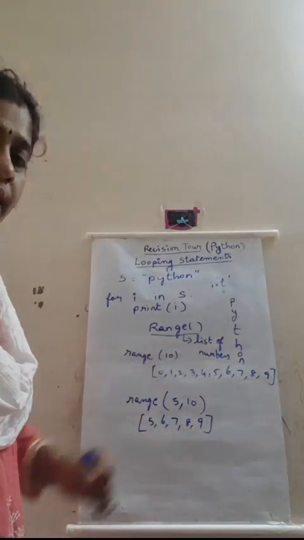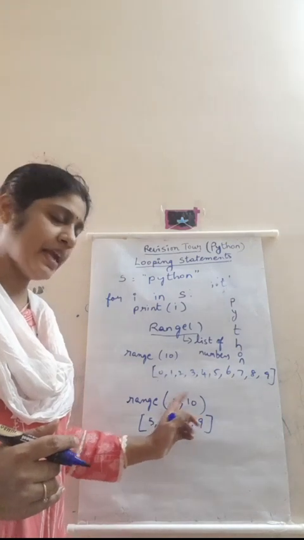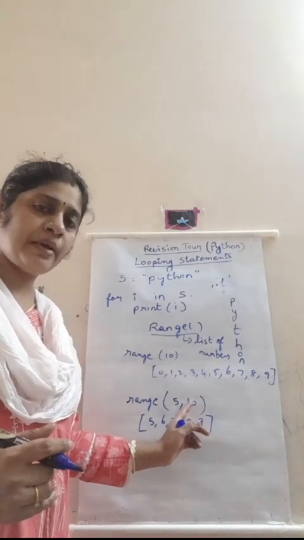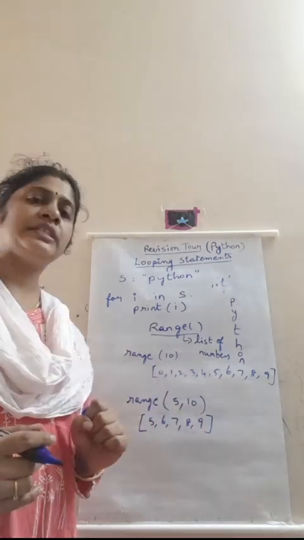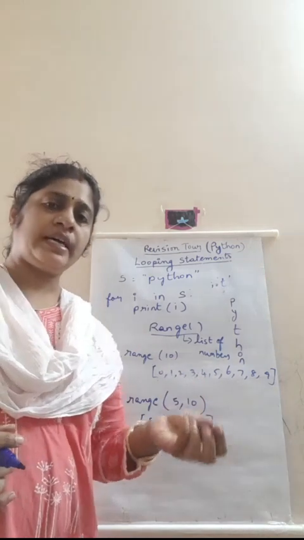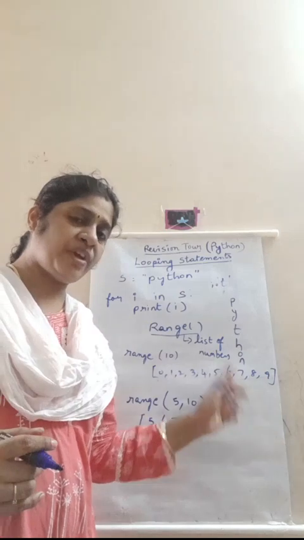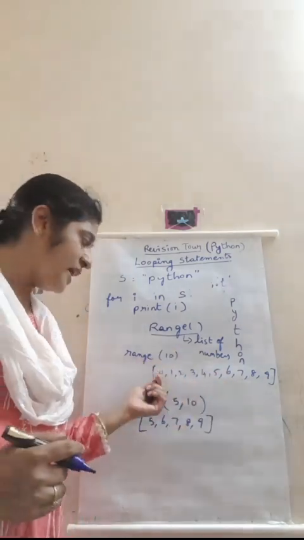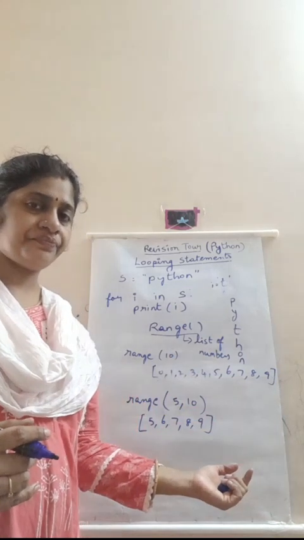It starts from 5 and stops at 10 minus 1, one number less, so it will stop at 9. So this is about range. Range will give you a list of numbers. This we are going to apply in a for loop. We are going to run the loop for each number in the range.